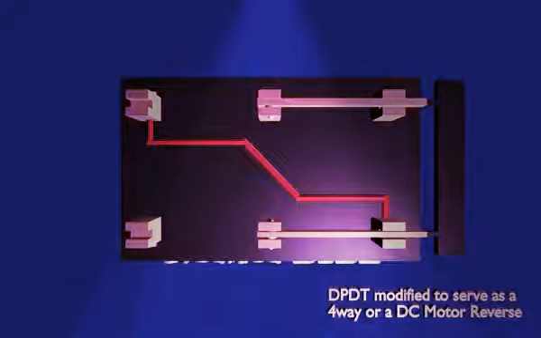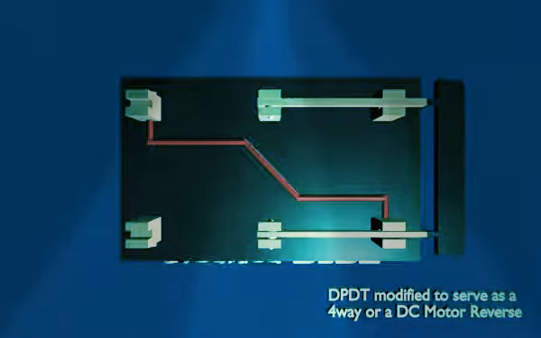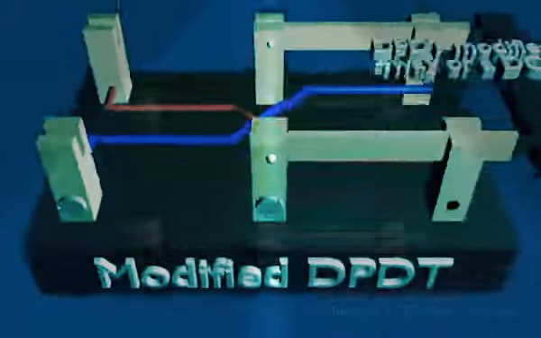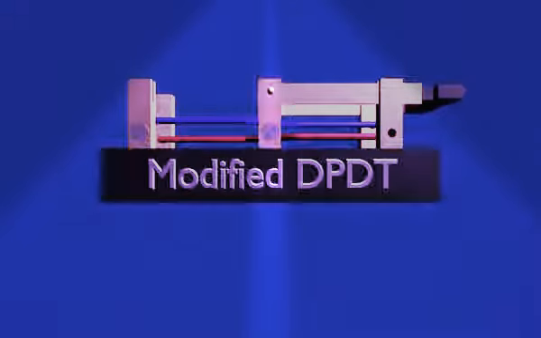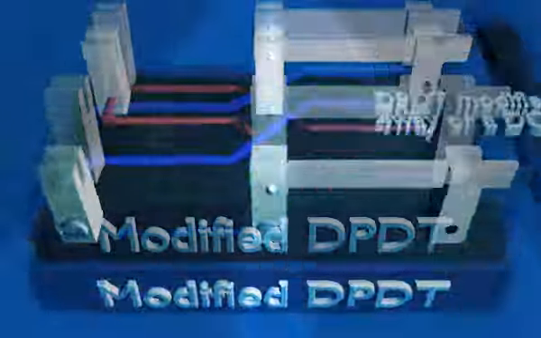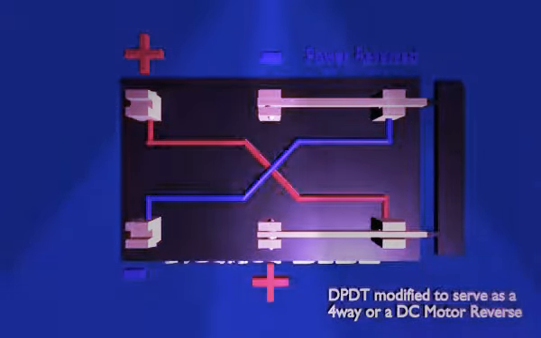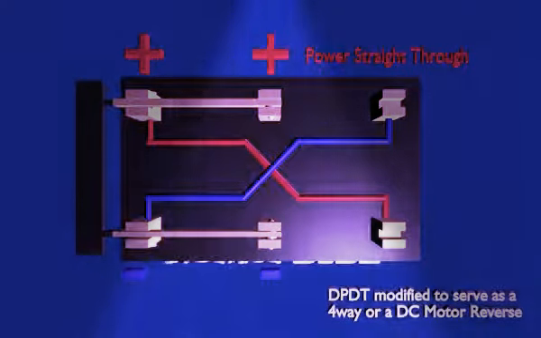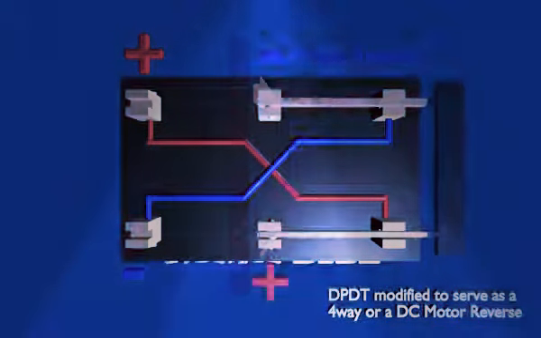Here I'm adding 2 inner links. I colored one red and the other one blue, so you can see they are electrically isolated from each other. This is what makes it possible to reverse it. Here you can see power is fed straight through. Now the power is reversed.